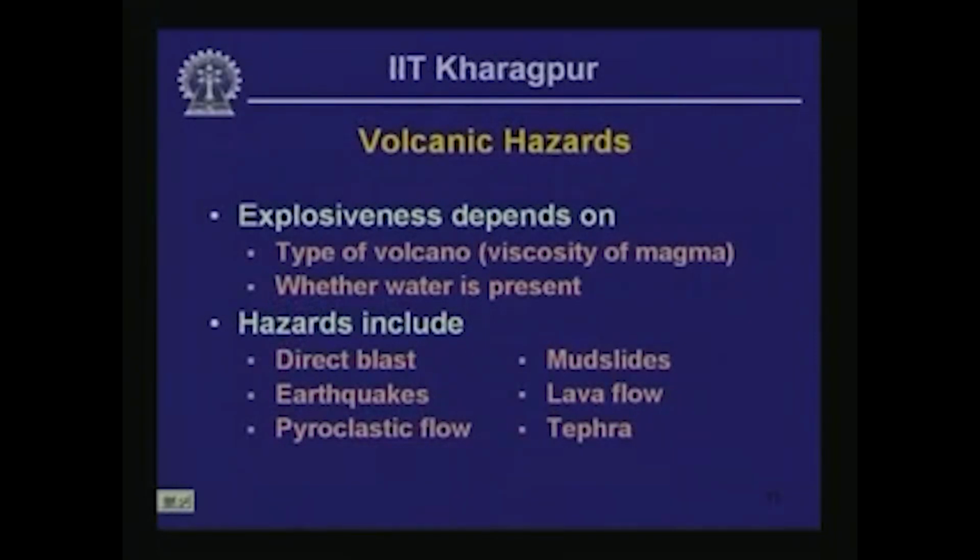Now, in order to consider volcanic hazard, the first point that we need to consider is the explosiveness of the source. If the source is assessed to be of greater explosiveness, then the hazard is going to be far greater than the sources that are relatively less explosive.